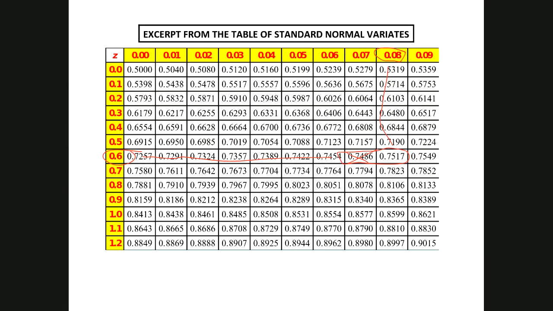And so what we now know is that our z-value that corresponds to 0.75 is 0.68. All right. So now let's go back and finish this work.